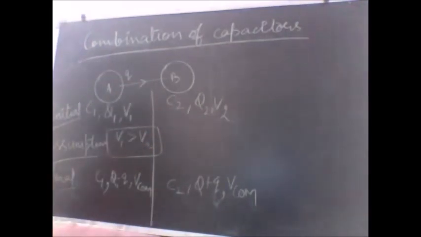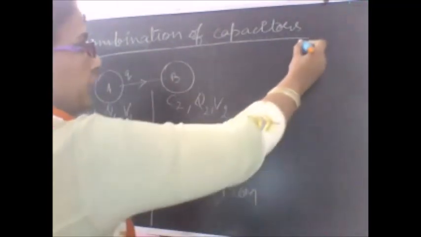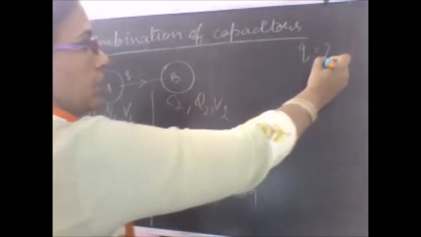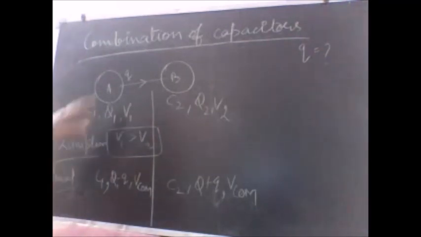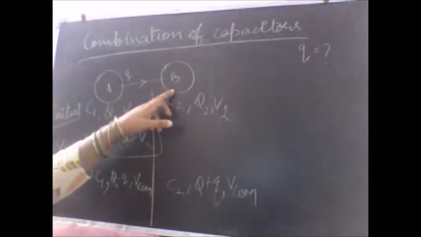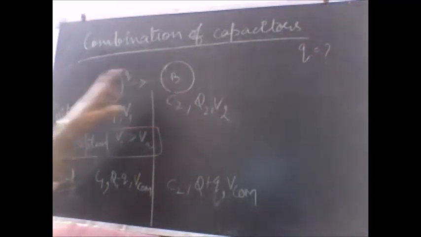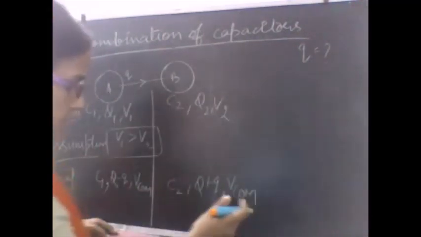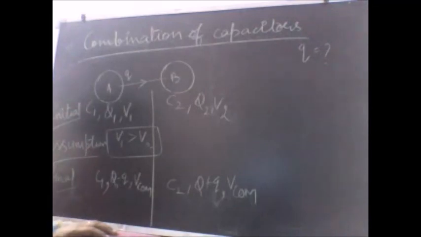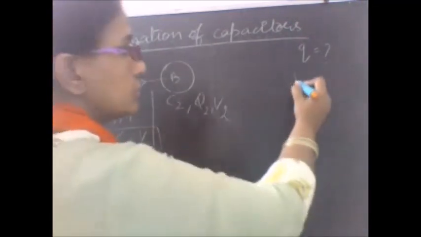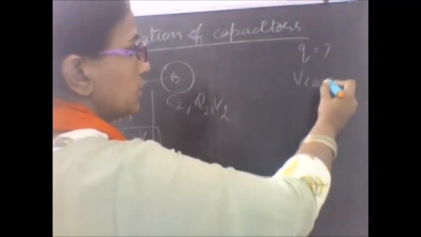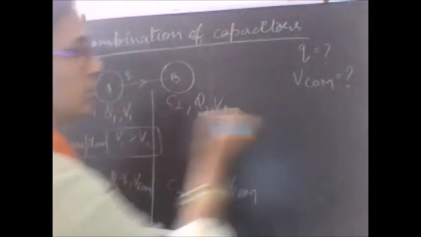What is my task? What am I supposed to find out? How much charge has flown from sphere A to sphere B, so that the potential becomes the same, and the potential that is finally acquired by both the spheres, how much is that potential? This is my next target.